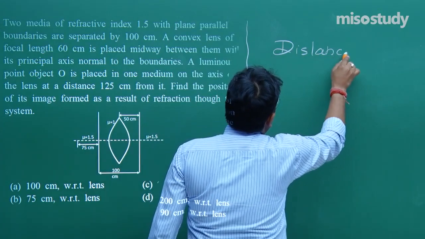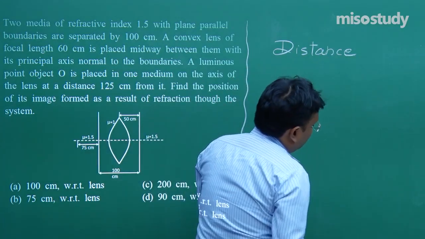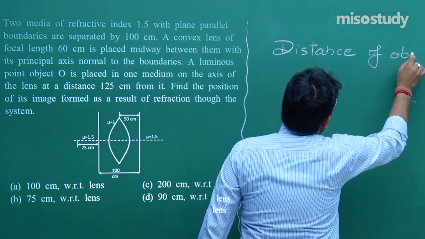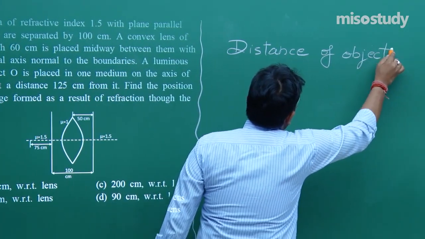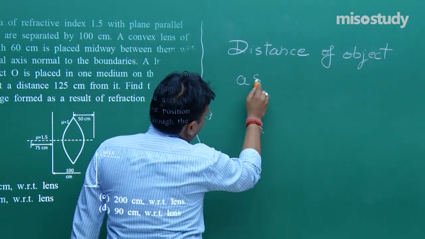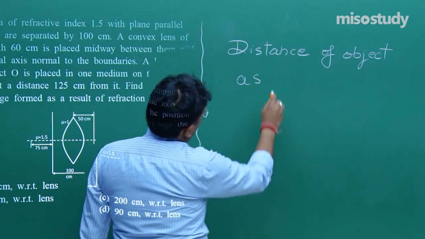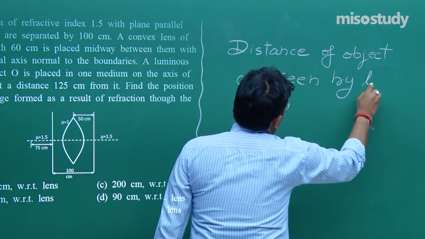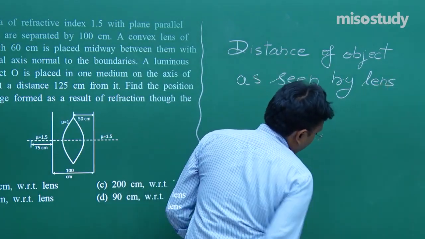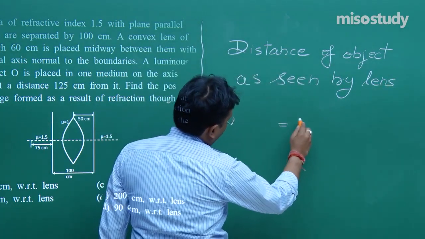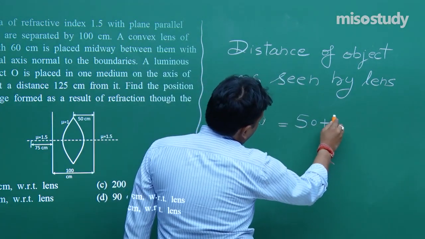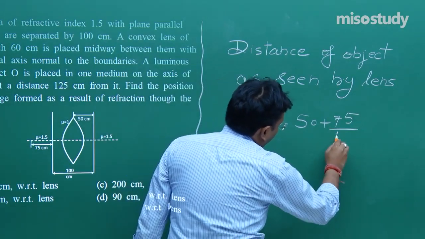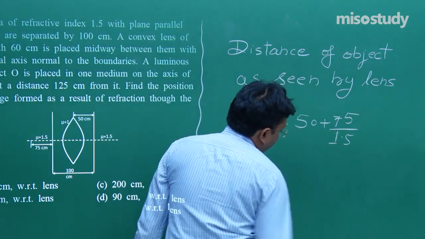Distance, okay, distance of object as seen by lens. Fine, distance of object as seen by lens is going to be 50 plus 75 upon 1.5 because of the refractive index.